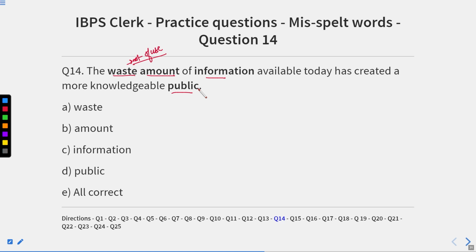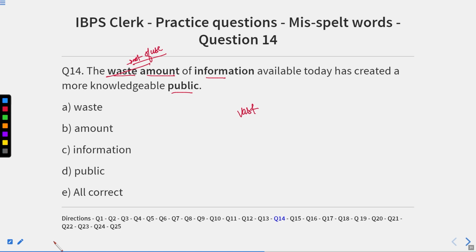Public is actually the people, or the vast number of people. The vast amount of information. Does it make any sense? Now, this is incorrect. It should be the vast amount of information available today has created a more knowledgeable public.